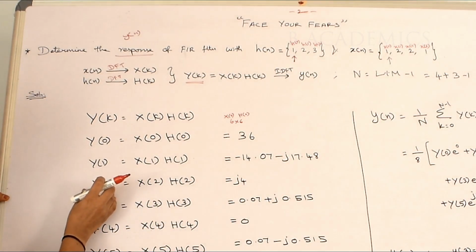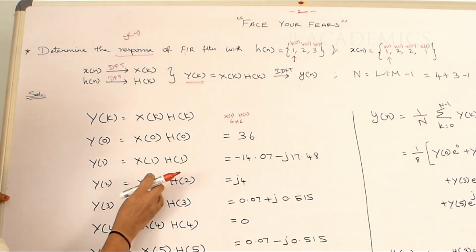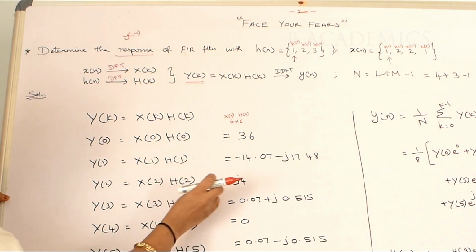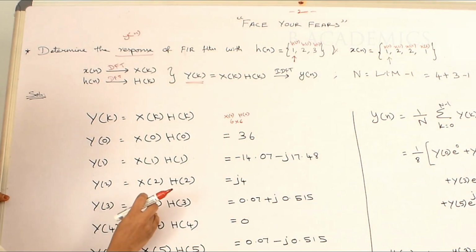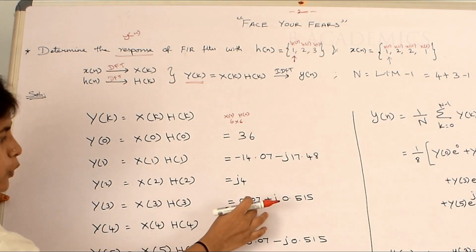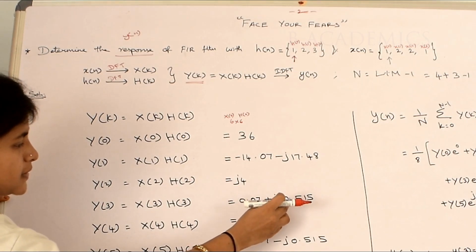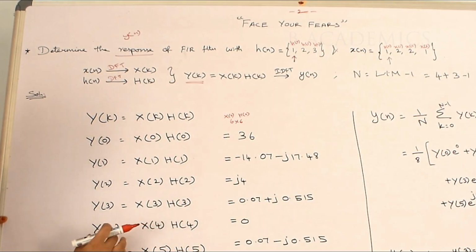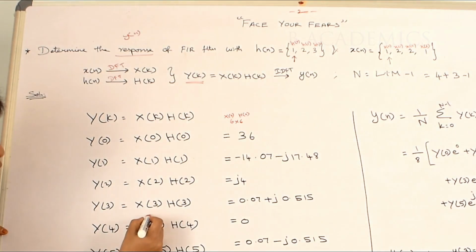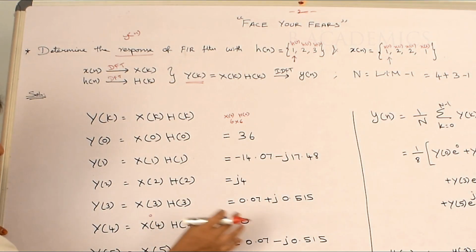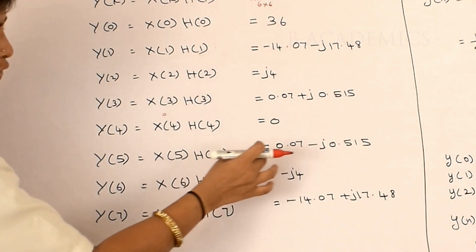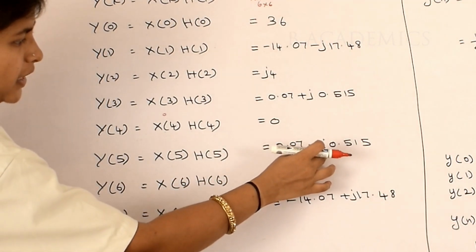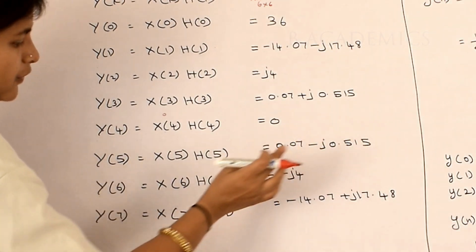Okay, I am substituting Y of 2 equal to X of 2 into H of 2 and I am getting j4. For Y of 3, I am substituting X of 3 into H of 3, I am getting 0.07 plus j 0.515. For Y of 4, your X of 4 value is 0, so I am getting 0. For Y of 5, X of 5 into H of 5 gives you 0.07 minus j 0.515.